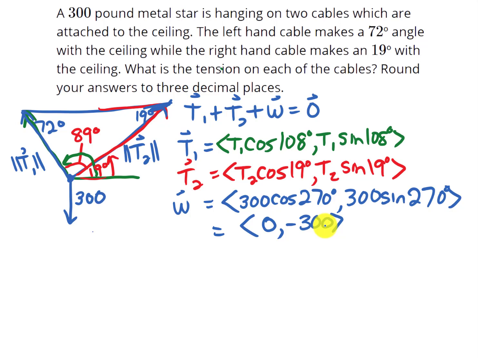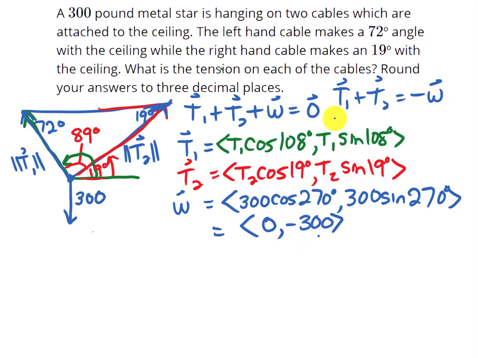One of the things I could do is move the W over to the other side, so T1 plus T2 would equal -W. And the negative of W is 0 for the first component and 300 for the second one.